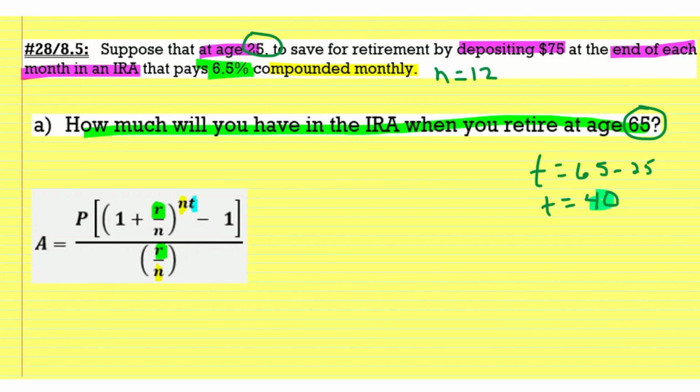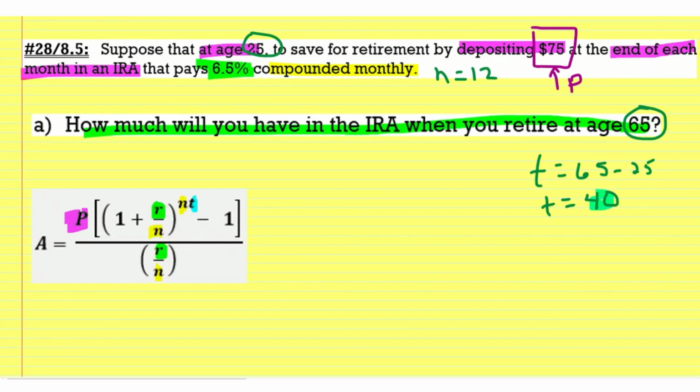We also have our periodic regular payment, which is $75. So that is my P number. Remember, P stands for the regular deposits or regular payments when you're talking about annuities. So that number, 75, will go in the P position. It looks like we have everything accounted for in our equation, and we're just going to fill everything in.